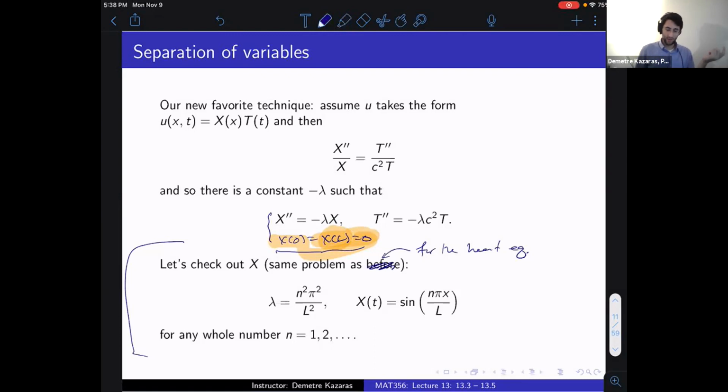We already went over this, so let me not belabor the point. We find that lambda has to be the square of n pi over L, and that the solution itself has to be a constant times sine of n pi x over L.